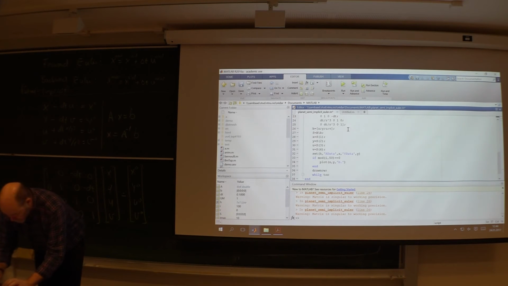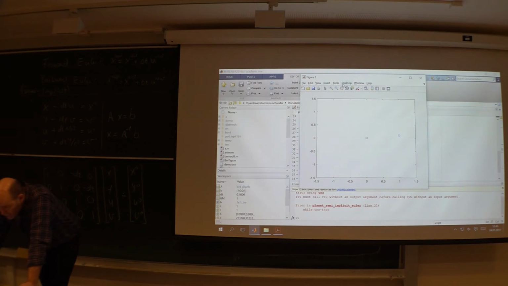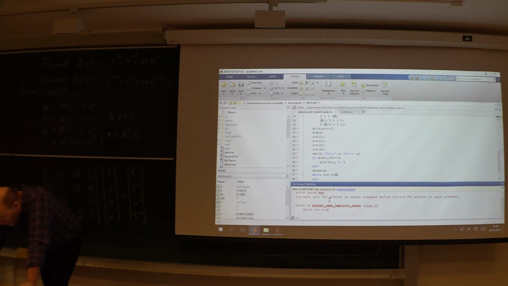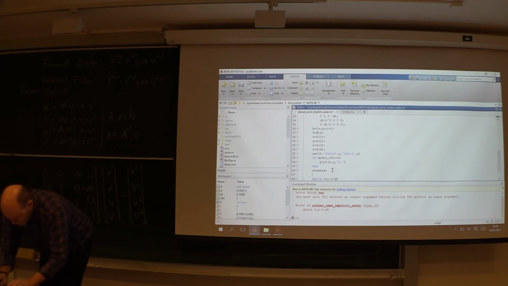Toc minus t. While that one is smaller than dt, we have to wait. I think that one should do the trick. Let's try it. Error. Didn't understand that. You must call tick without an output argument. No, it wanted the input arguments. Okay. Then we do it like this.